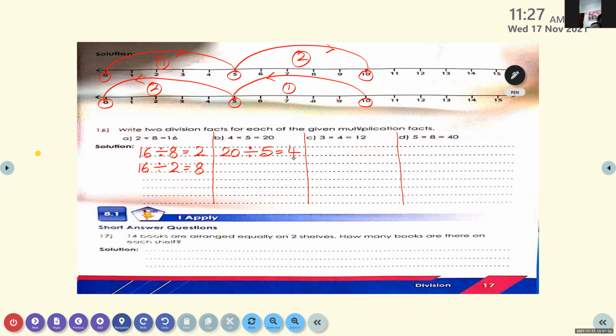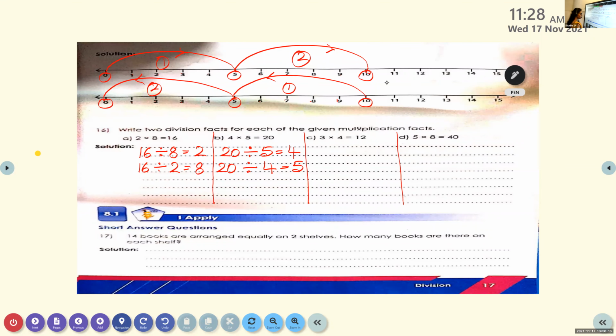Now, Vaiga, next one. Yes, ma'am. Next division fact. 20 divided by 4 is equal to 5. Okay, good. Okay, now for the third one, Aldrin.